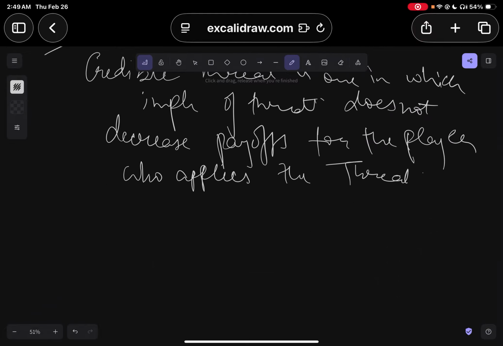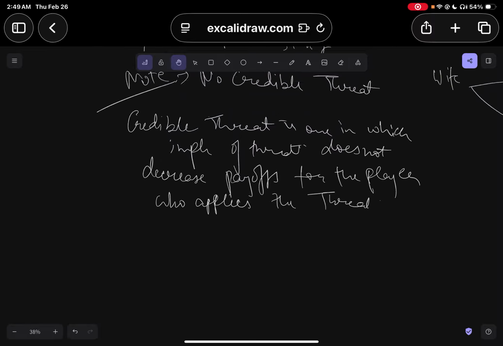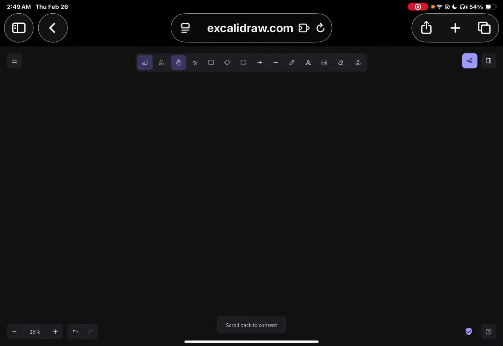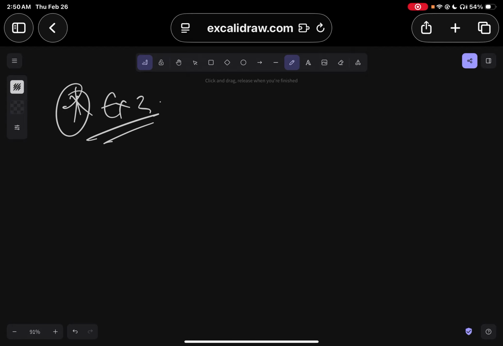Should I go to one more example where there is no Nash equilibrium? I think I should, though it would make the video a bit lengthy, I think I should complete it. So, example 3 in game theory with no Nash equilibrium.